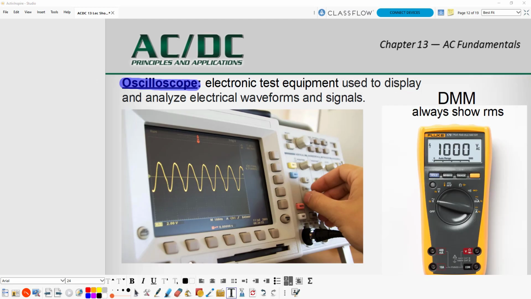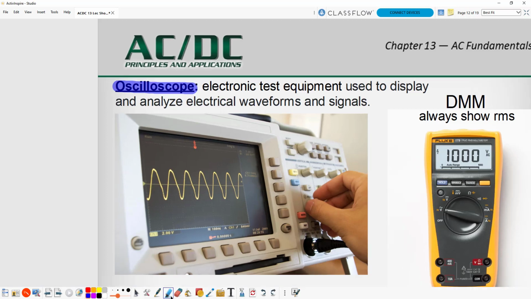So here on the right we see our digital multimeter, and as I said, it only shows a numerical value. It will not show the waveform. And it's important for you to know that DMMs always show RMS. They always show the RMS value. If you look at a meter at the top, it will say true RMS multimeter.